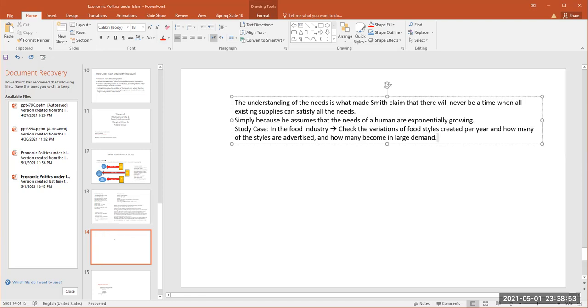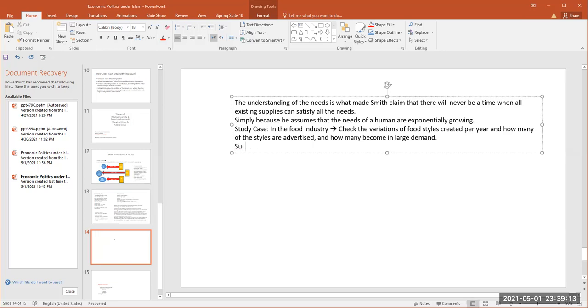So this can be studied actually to show that indeed the capitalists did work on this issue and made sure that always these needs are increased.